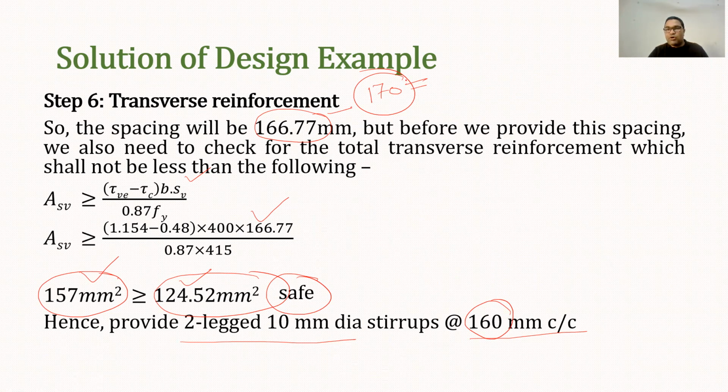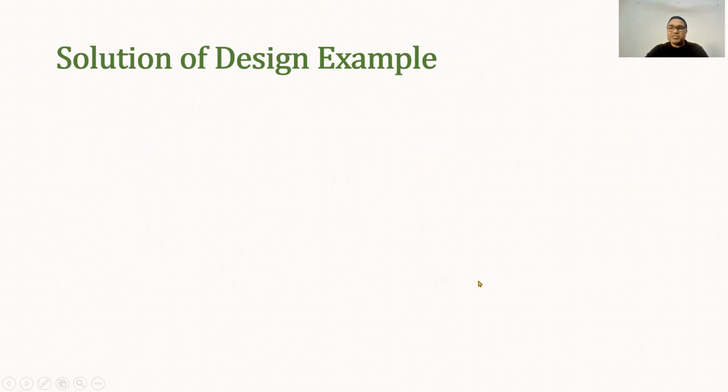That should not be the case. Otherwise, our section may fail. So therefore, we always round off to the lower side so that the reinforcement provided will be more than the required. Then we say that we are on the conservative side. So this completes our step 6.